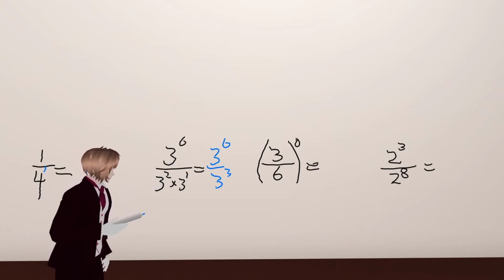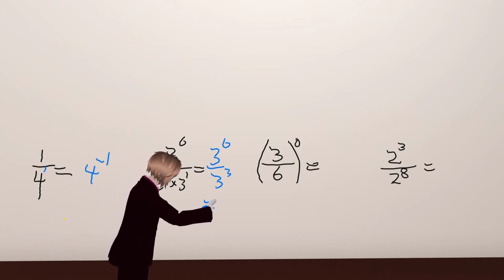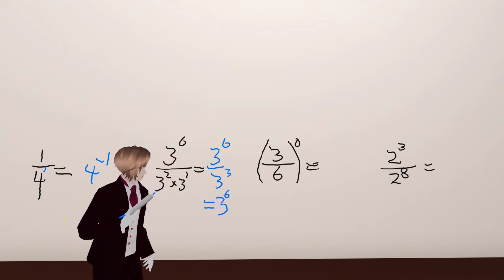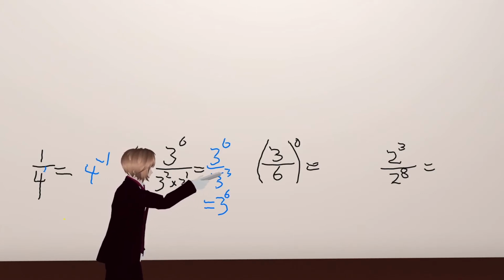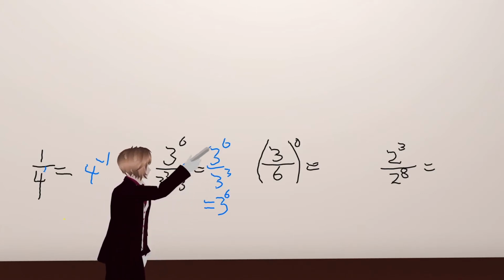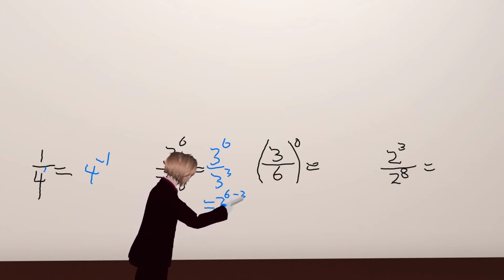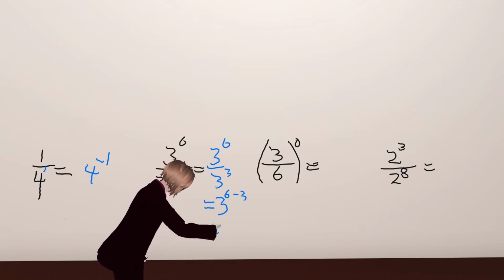Now we can work this out. So this is 3 to the power of 6. Now we're going to use our index law. So when we're dividing numbers with the same base, we're going to take away the bottom power from the top power. We're going to do 6 take away 3. So that means the answer is just 3 to the power 3.